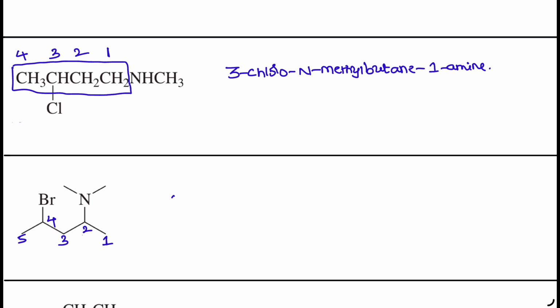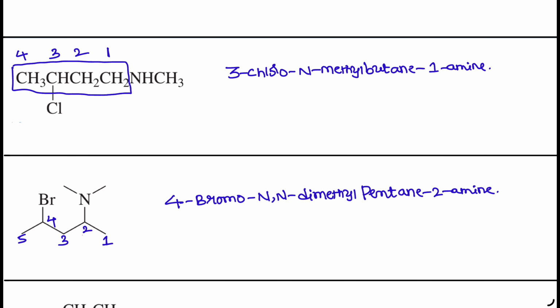Alphabetical order we have to follow. Therefore, it is 4-bromo-N,N-dimethyl, root word pent, ane primary suffix. Functional group is at second place, 2-amine.